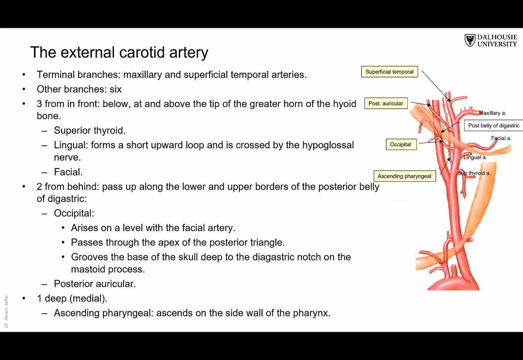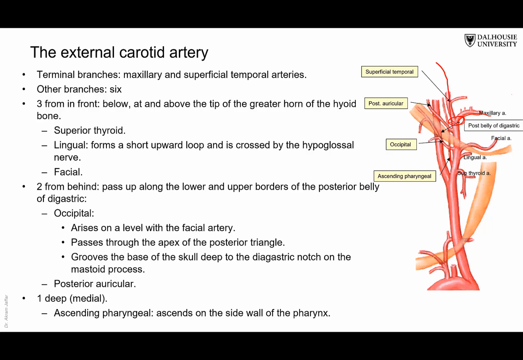So these are the branches of the external carotid artery. And you will be able to identify many of them today. Some of the branches are located anteriorly here, some of them are located posteriorly, and one of them is located medially. And the external carotid artery is going to divide in the infratemporal fossa, which you are going to study probably next week or the week after, into a maxillary artery and the superficial temporal artery.